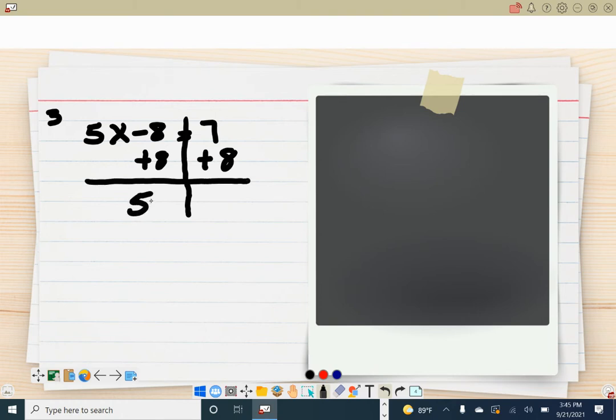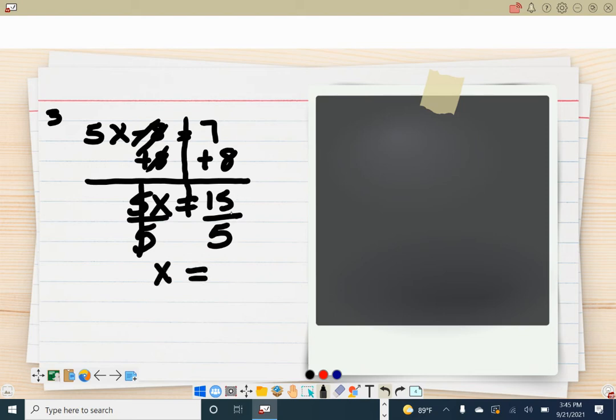So now I have 5 times x cancels, and 7 plus 8 gives me 15. So 5 times x is equal to 15. They're multiplying. I'm going to divide. Cancel. X is equal to 15 divided by 5 gives me a 3.